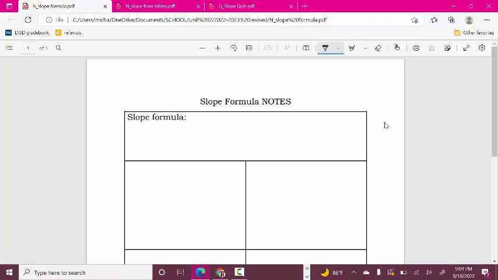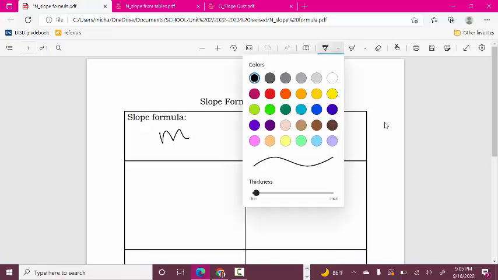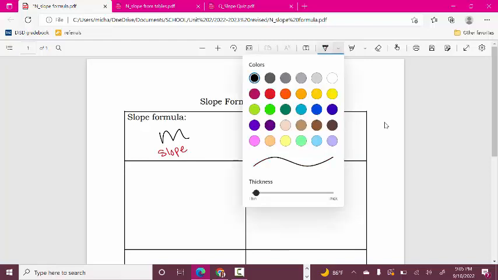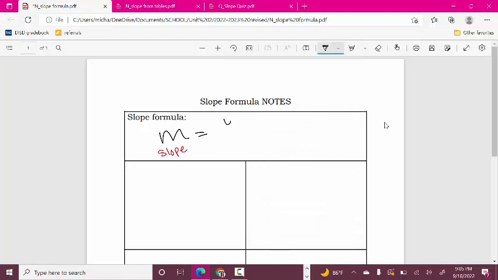Or a set of data instead of a graph. So the slope formula is M, that stands for slope. M is the slope. So M equals y2 minus y1 over x2 minus x1.